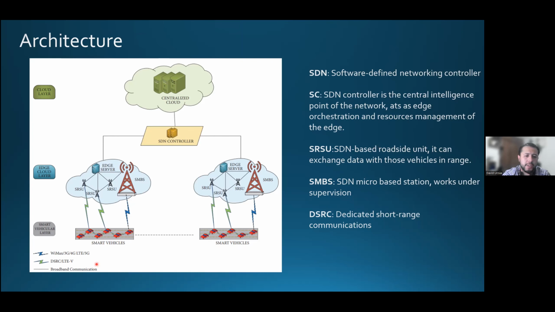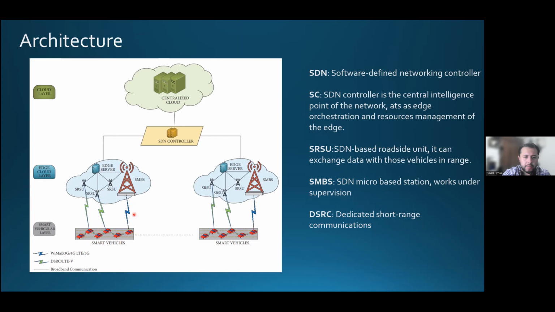So there is communication between cars, and cars to edges. We are going to talk about it in a second, and it could be implemented in networks already deployed, for example 4G, 5G.